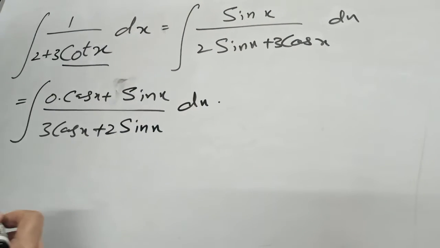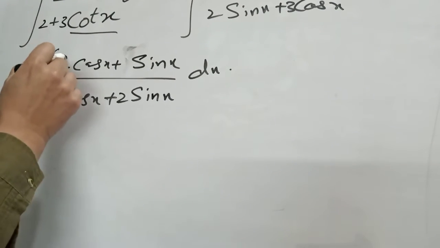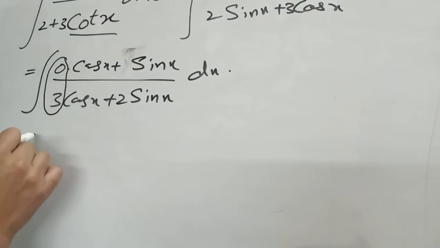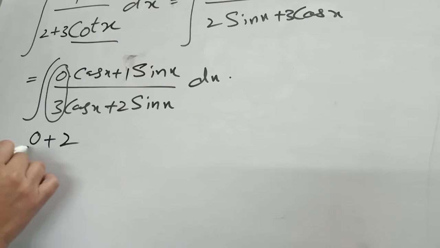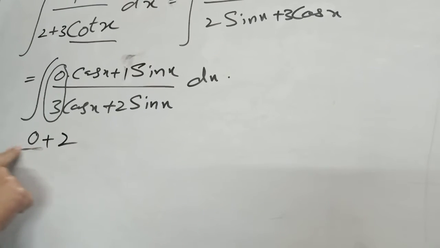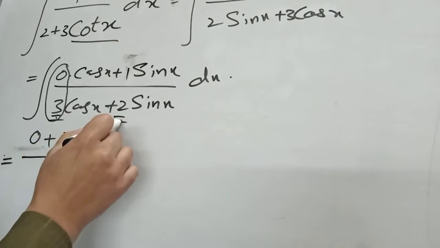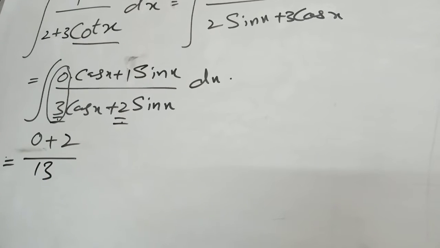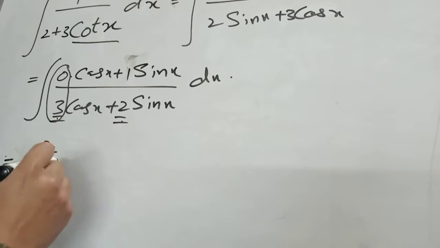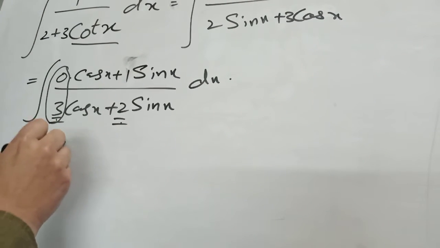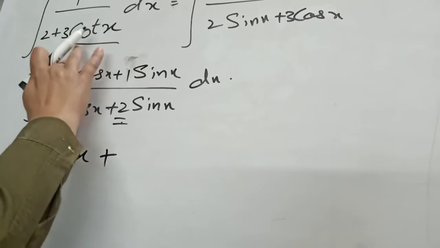Now while using this quick formula, we will get our required answer. We will multiply these coefficients, it will be 0, plus multiply these coefficients, here we have 1 and 2, we will get 2, and divided by the sum of squares of these values, it will be 9 plus 4, 13. So 0 plus 2 over 13, you can write it like 2 over 13 into x plus, now we will multiply the coefficients diagonally.